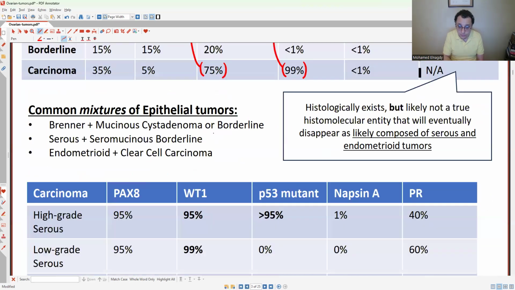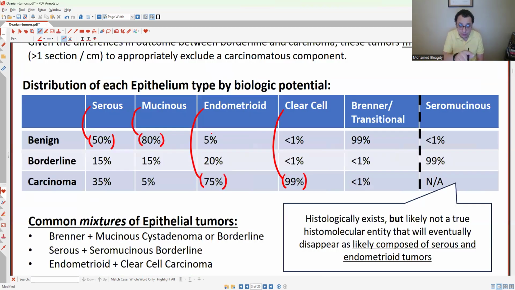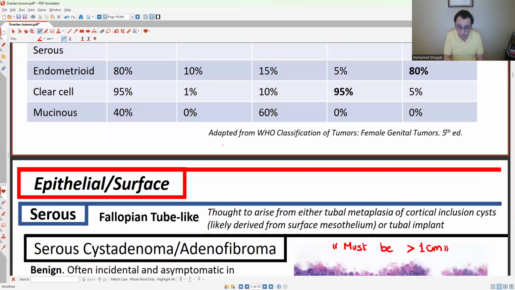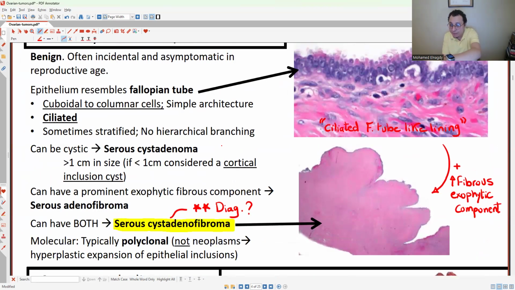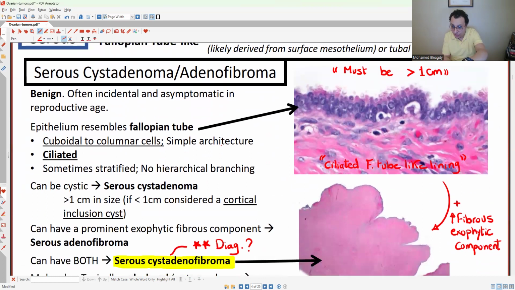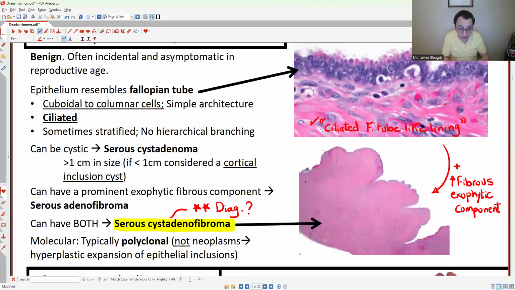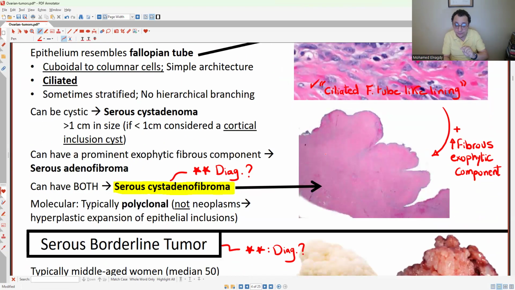And when it comes to tables, I already added by hand what you need to know from each table. I also put the key microscopic feature on each picture, so if you're planning a fast review of ovarian tumors, all you need to do is go over these key microscopic facts and whatever I highlight.